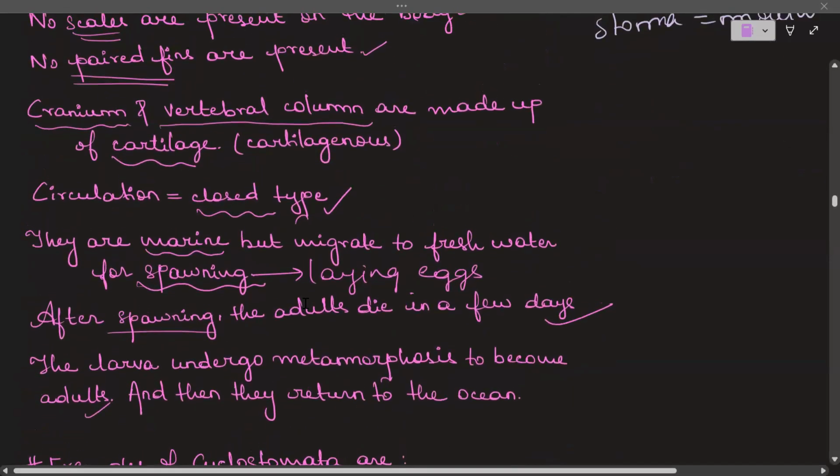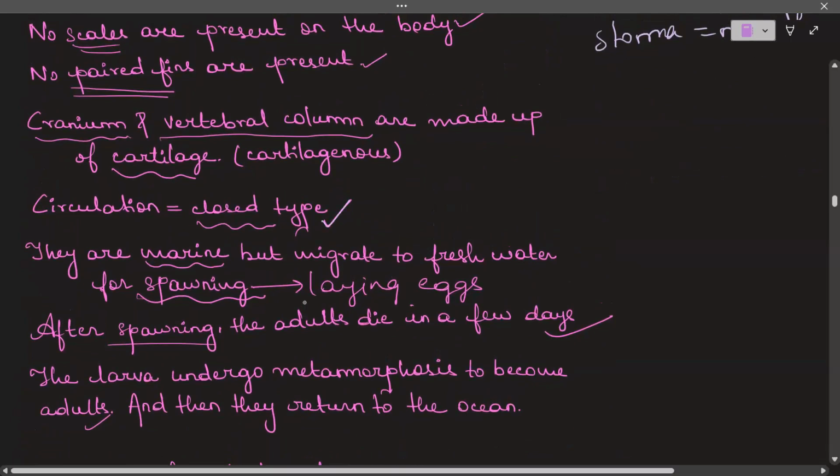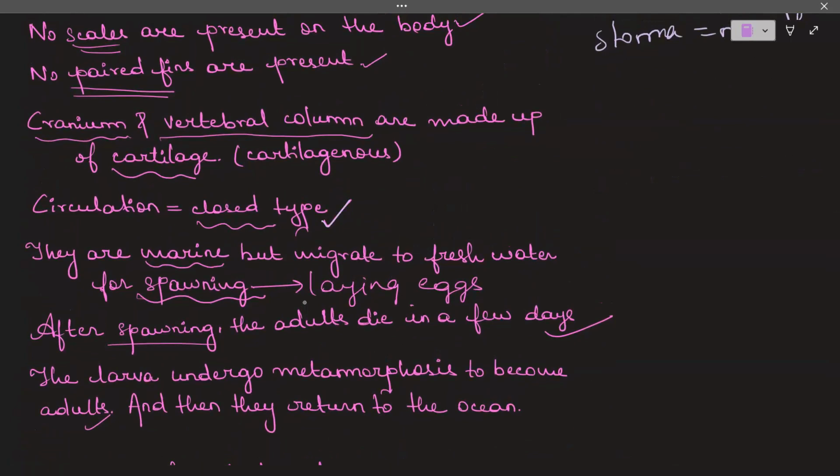Talking about the circulation, they have a closed type of circulation. All of them are marine. But whenever they want to lay their eggs, they migrate to the fresh water. Just for the reproduction process, they move from the marine to the fresh water, and this process is known as spawning. After the adult cyclostome has done the spawning, they die.